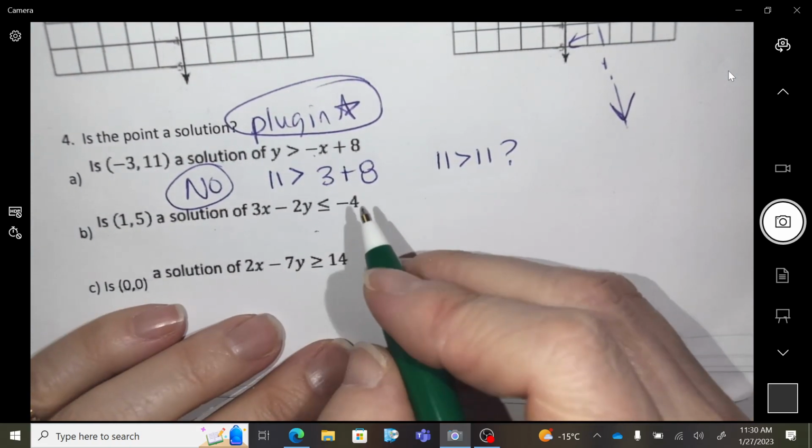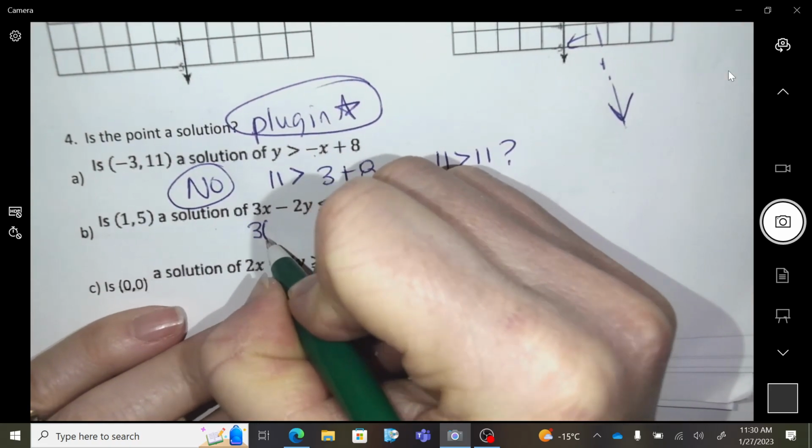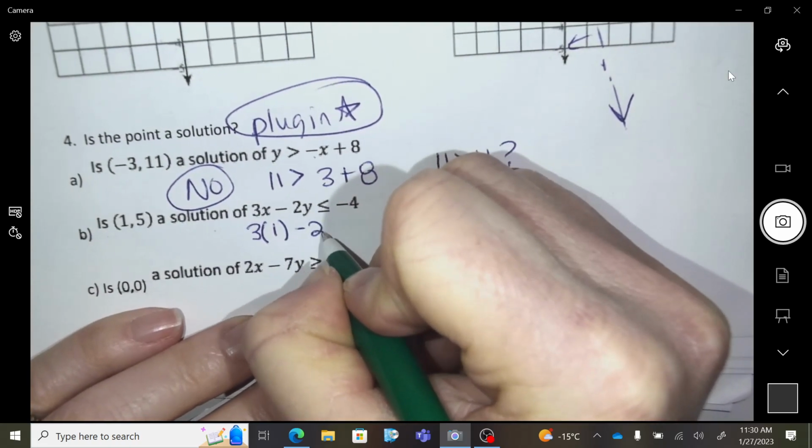Okay, do the same there. So 3 times plug in x.